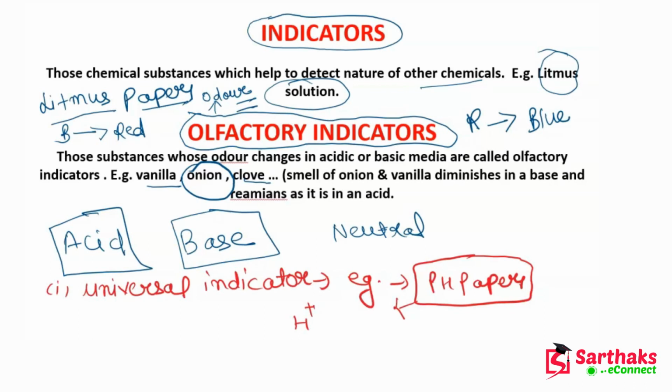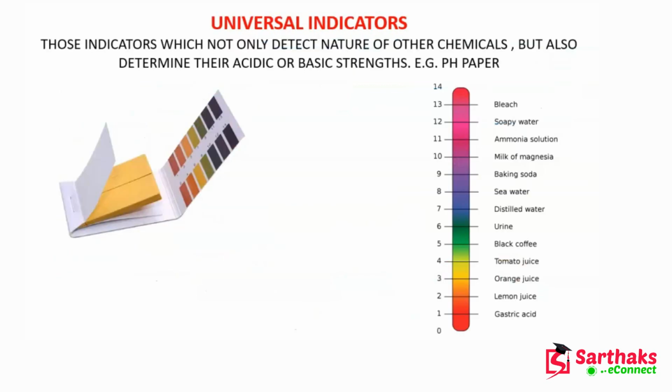So let me take you to the next slide. Universal indicators are those indicators which not only detect the nature of other chemicals but also determine their acidic or basic strength. Example: pH paper.